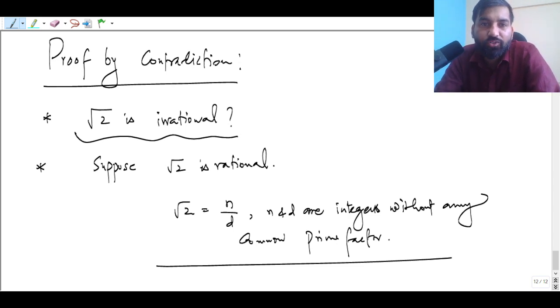So if you take the gcd of the numerator and denominator, you must get 1. The gcd must always be 1.